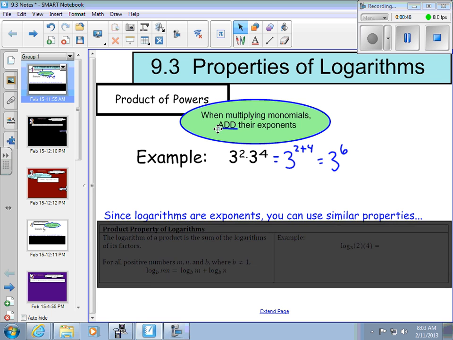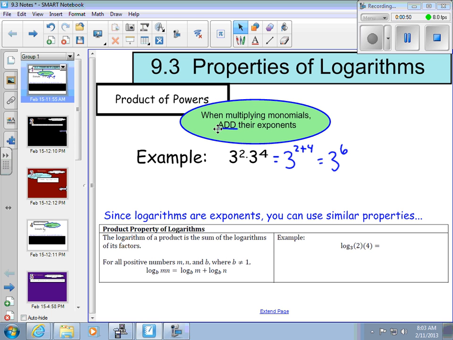So if we're looking at logs, as you can see on your note sheet, pretty much the opposite is going to be true. If we have a log of two things being multiplied, it turns into addition of two separate log functions.